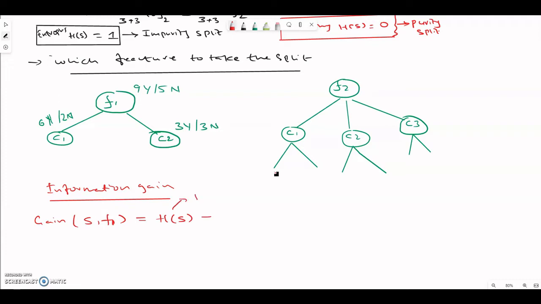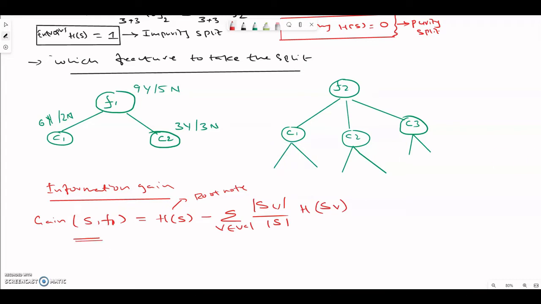This is for the root node, minus the summation over V belonging to values of |S_V| divided by |S| times H(S_V). So this is our formula for information gain.